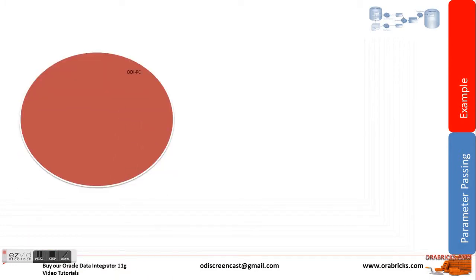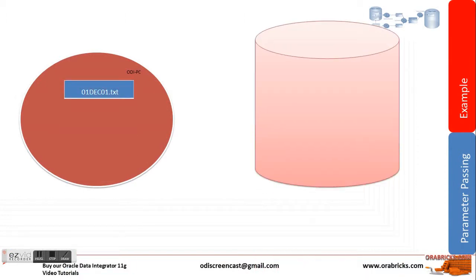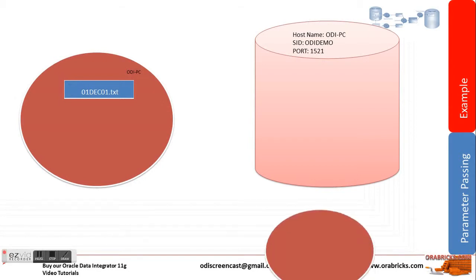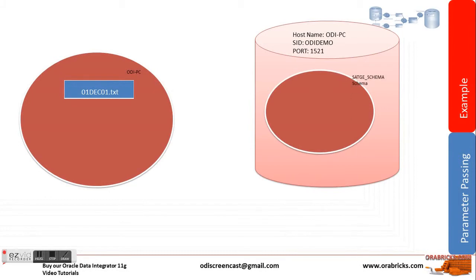Let us consider we have a file called 01 December 01.txt, which is a sales transaction file, and we have a database. The database SID, the service ID, is ODI demo, and it is running on port number 1521.